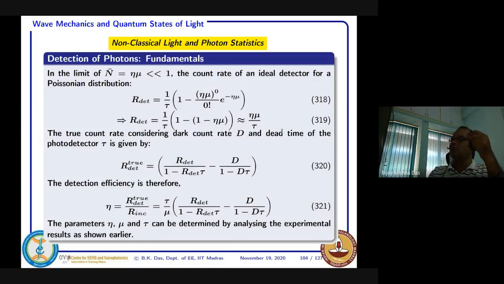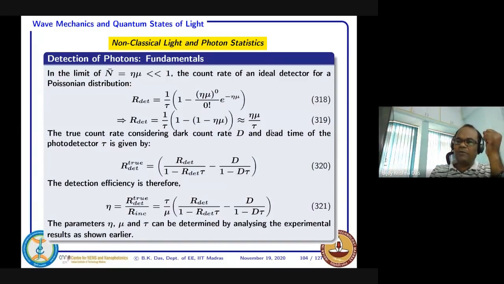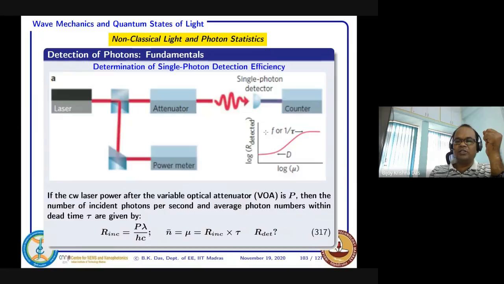This is sometimes called afterpulsing. After pulsing, another count can come. That can also be counted as dark current and dark count. Another thing is that any stray photon can also come and generate counts randomly. So for that purpose you are getting this type of experimental result.